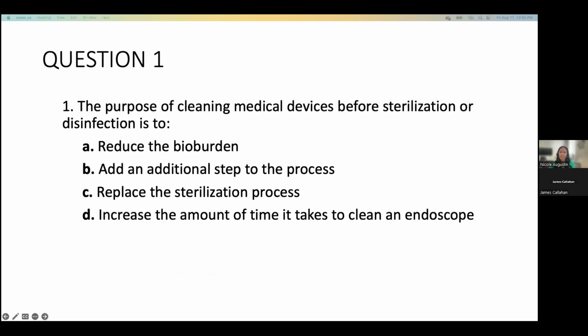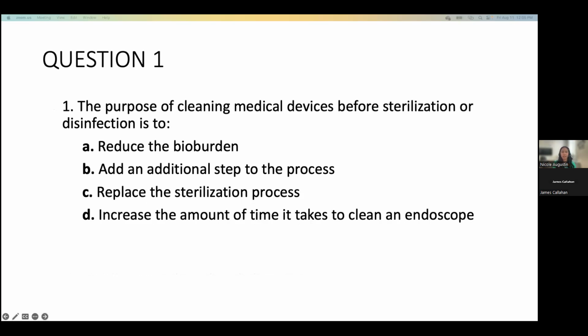We're going to get to our first question. Number 1, the purpose of cleaning medical devices before sterilization or disinfection is to A, reduce the bioburden, B, add an additional step to the process, C, replace the sterilization process, D, increase the amount of time it takes to clean an endoscope.